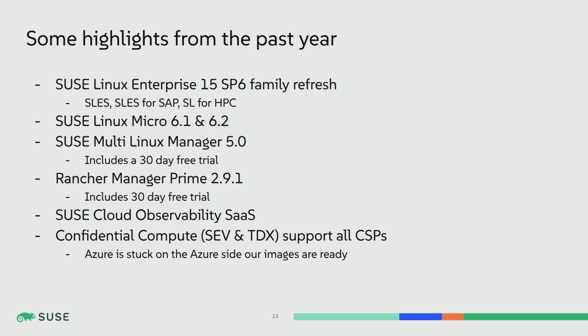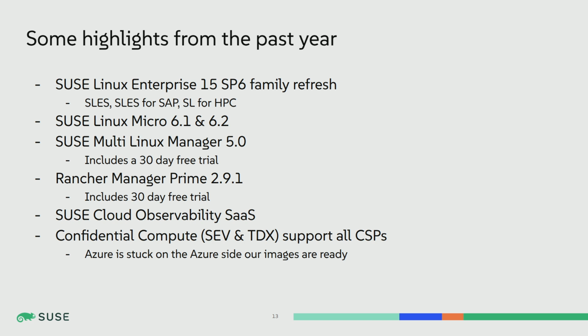There were new Micro releases, 6.1 and 6.0. We released SUSE Multi-Linux Manager 5.0. There was a major change in the architecture for SUSE Manager. SUSE Manager is now a container-based application. For 5.0, it's exactly one container, but it is a container. For 5.1, there will be 2 containers.